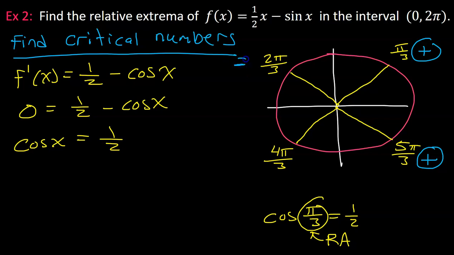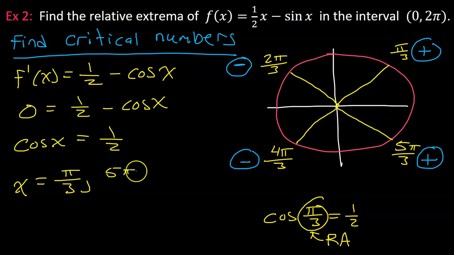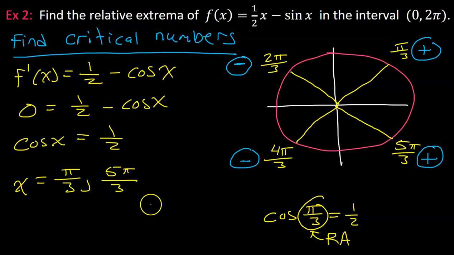X values are negative in the second and third quadrants. Since we have a positive 1/2, these solutions are going to be x equals pi over 3 and 5 pi over 3, the two positive ones. So these are the critical numbers.